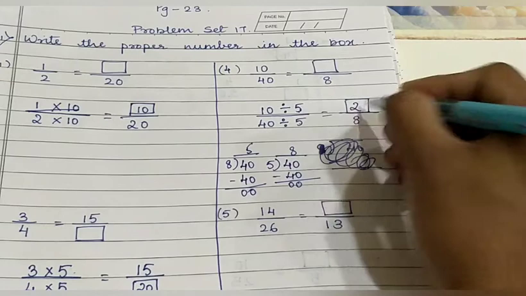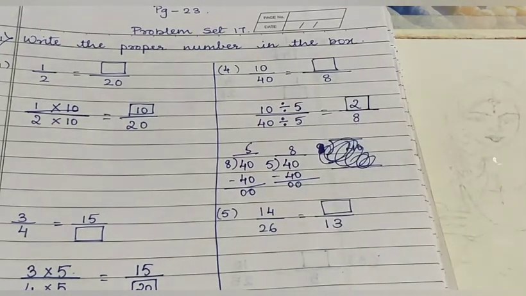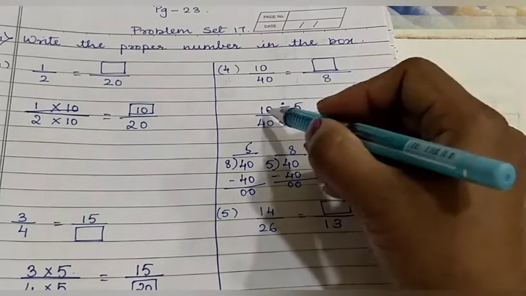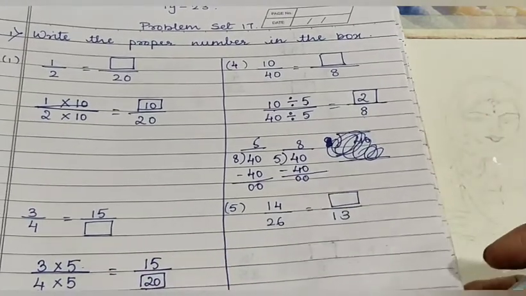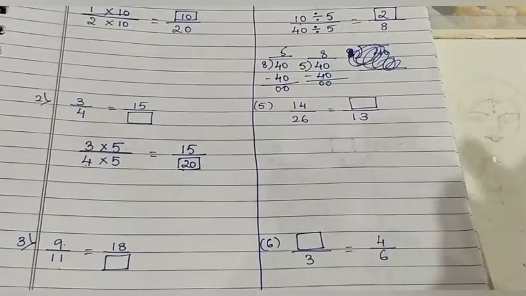Answer is 2. Right, children? 5 1s are 5, 5 2s are 10. This is just me explaining. It is very easy. You can do it directly, how I'm going to do the other sums.